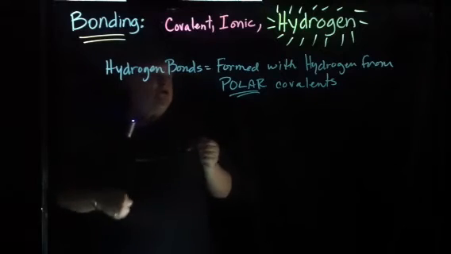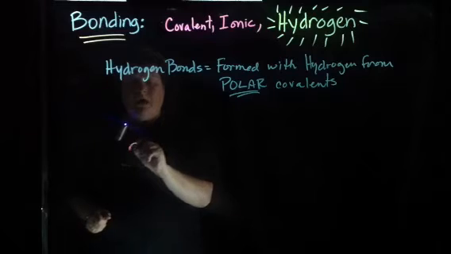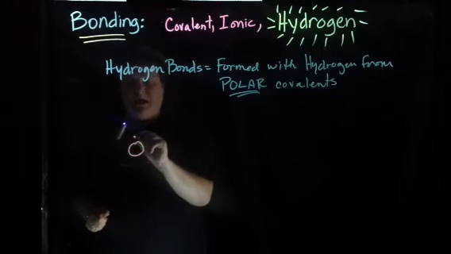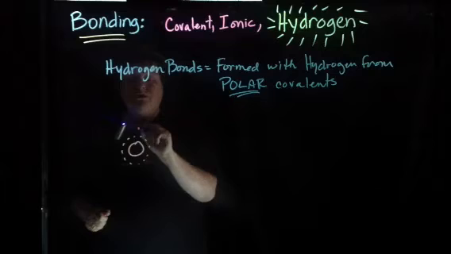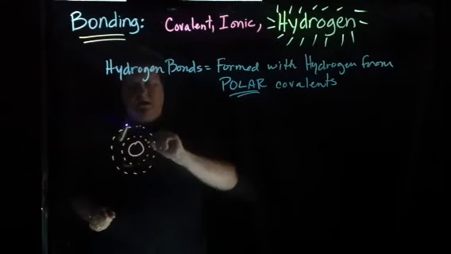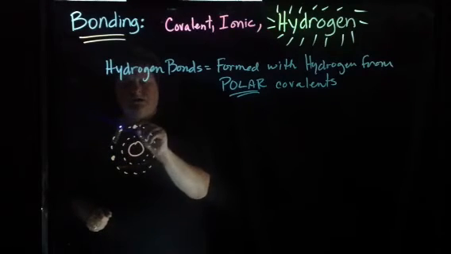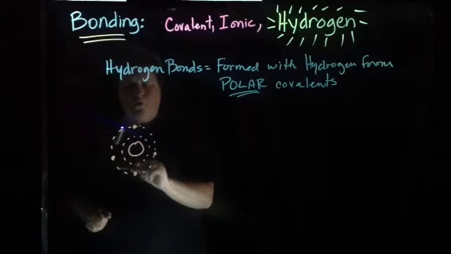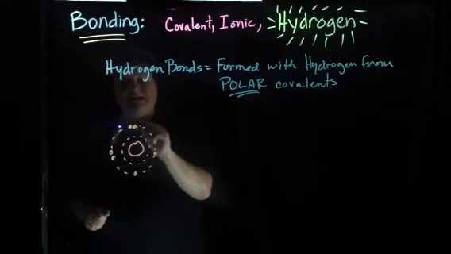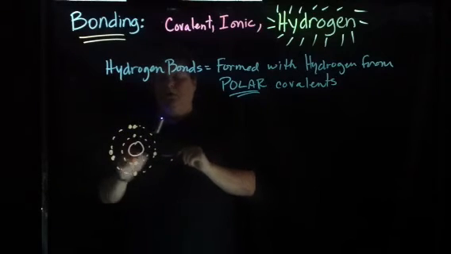So let's use the example that I used in polar covalent bonds with water. We have our oxygen here, and oxygen is in row 2, column 6. And we've got 1, 2, 3, 4, 5, 6 valence electrons, and then we have our 2 in row 1.